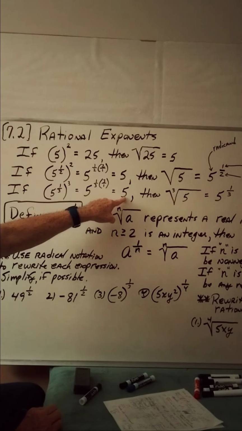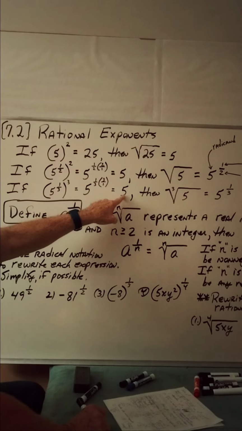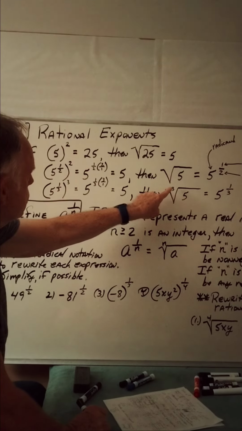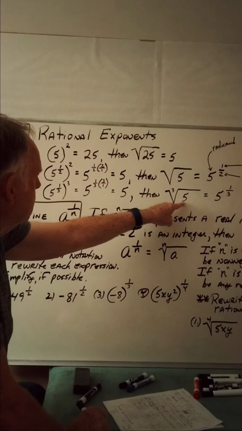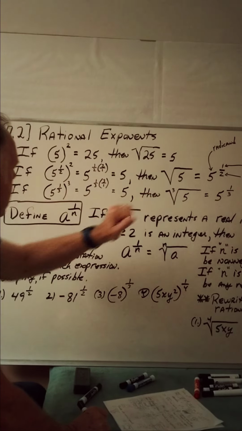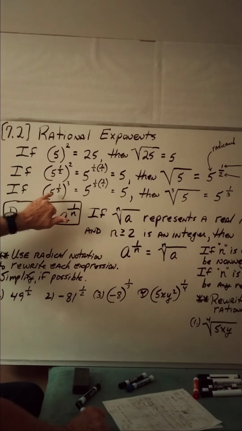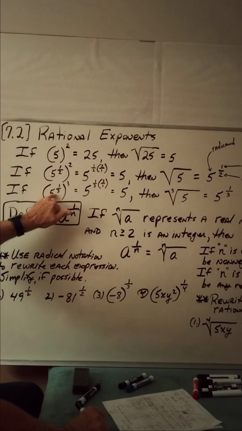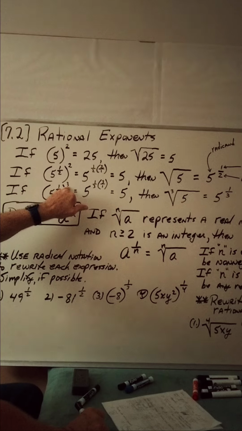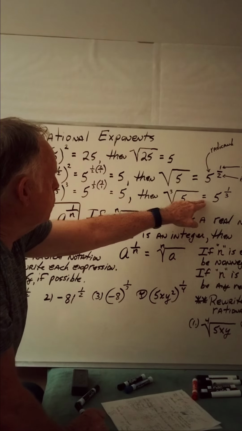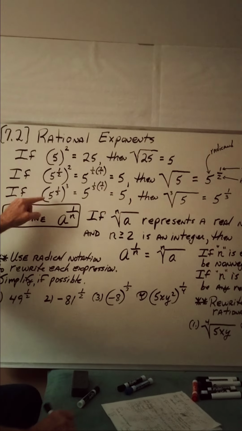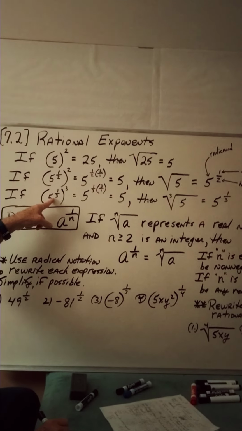Then the inverse must be true. Then the cubed root of 5. Why did I say the cubed root of 5? Because the original exponent that we raised it to was the third power. So then the cubed root of 5 should be equal to what we started off with right here, 5 to the 1/3.